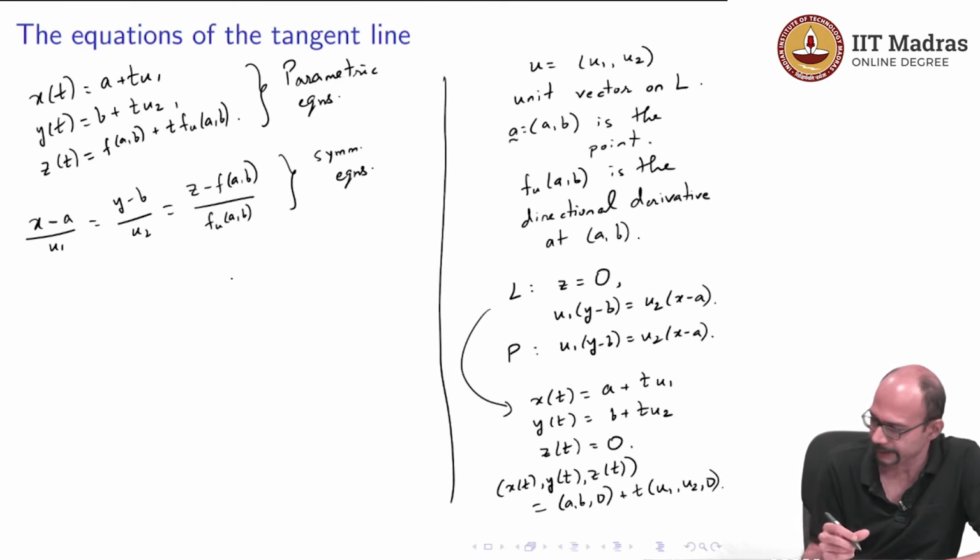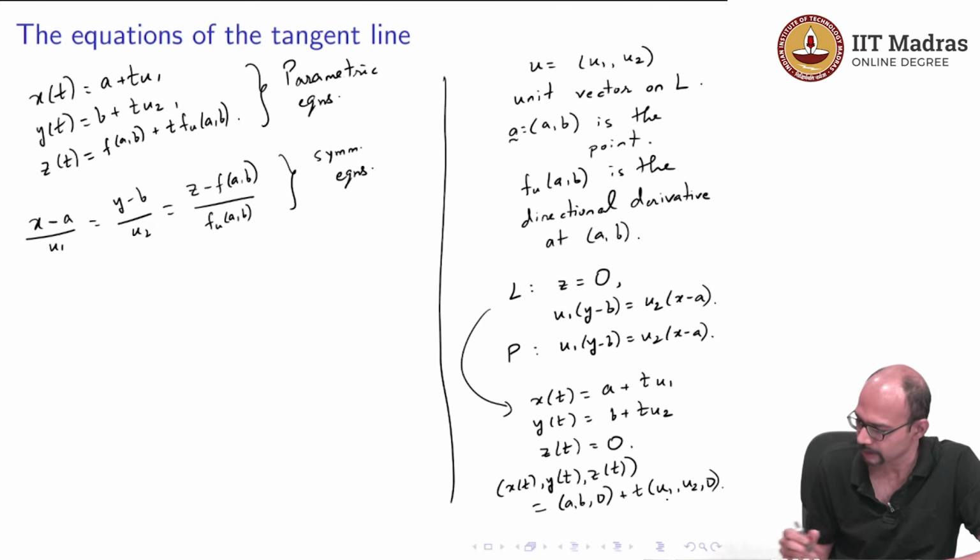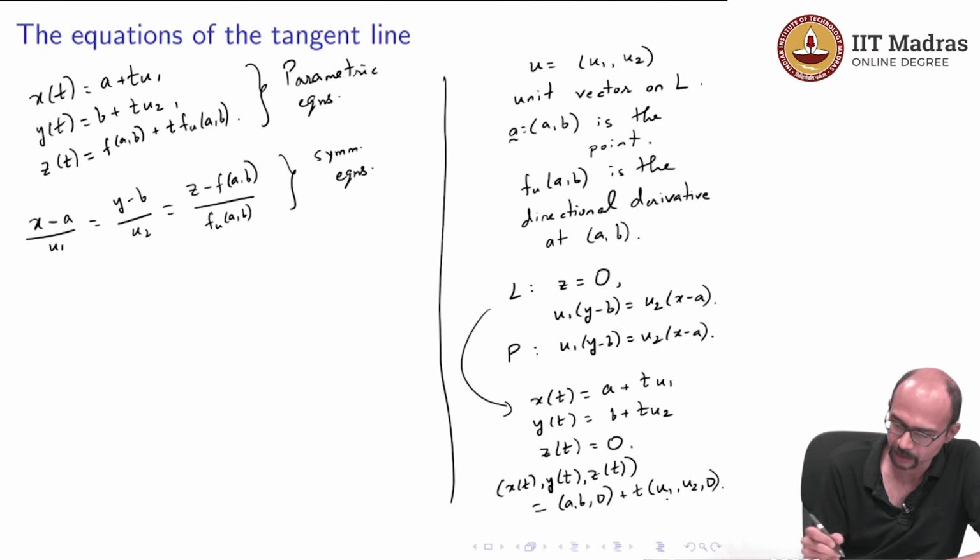And the other way of writing it is the way we have viewed this as an affine flat, and that's very interesting. What we are saying is that this line is a line passing through (a, b, f(a, b)).